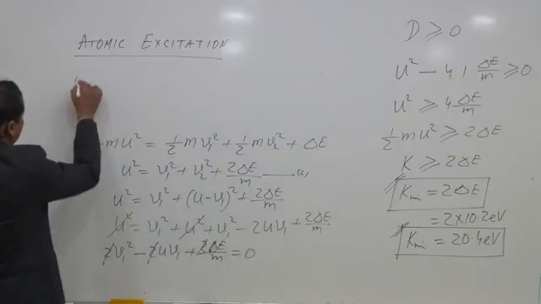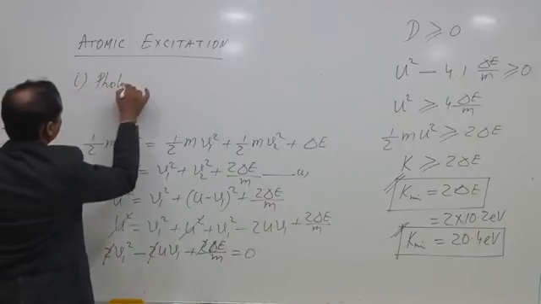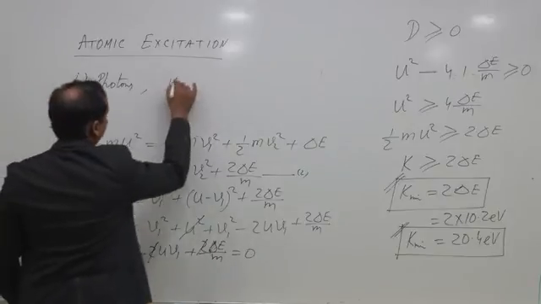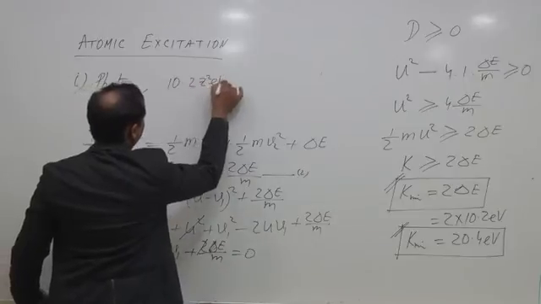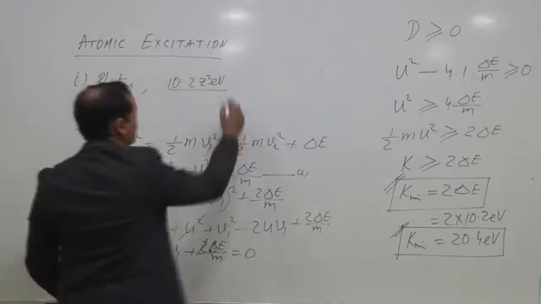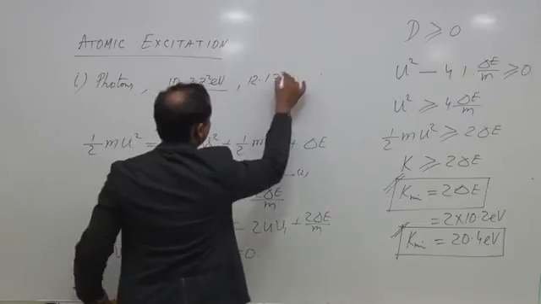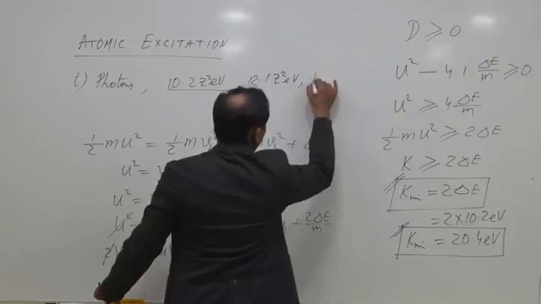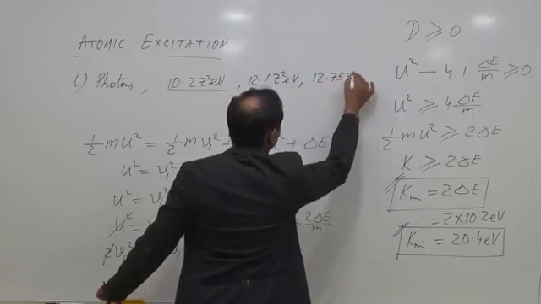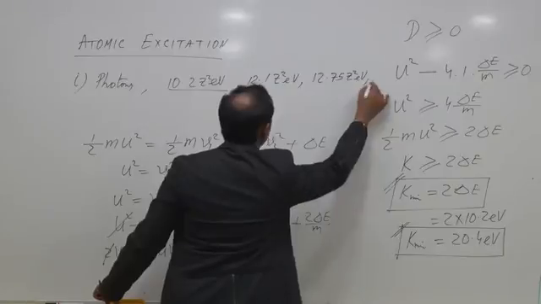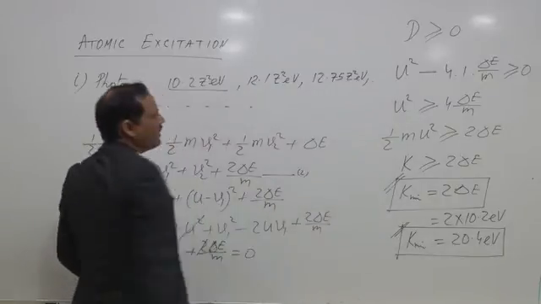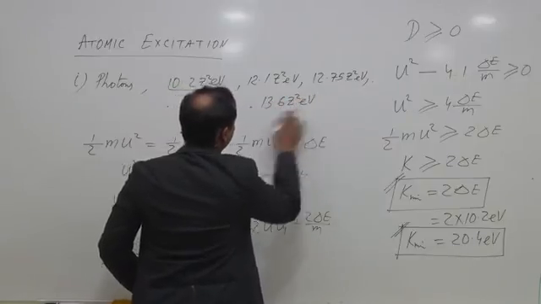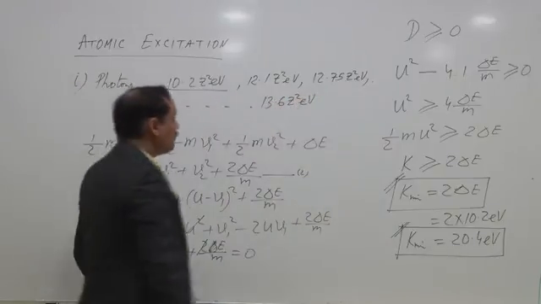So one, by bombardment of photons. The energies of those photons have to be 10.2 Z square electron volt, that is the first excitation energy; 12.1 Z square electron volt, that is the second excitation energy; 12.75 Z square electron volt, third excitation energy, etc. These are the energies, up to 13.6 Z square electron volt, that is the ionization energy, and above.